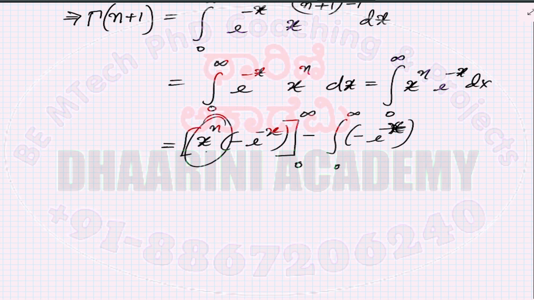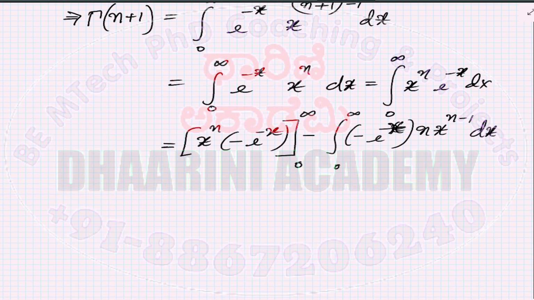The differentiation of x to the n is n into x to the power n minus 1. But since there is an integral, you have to write dx.